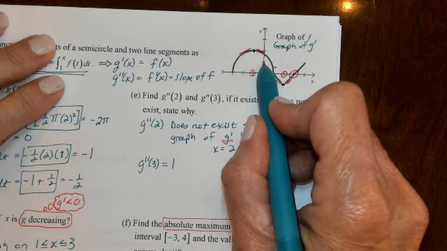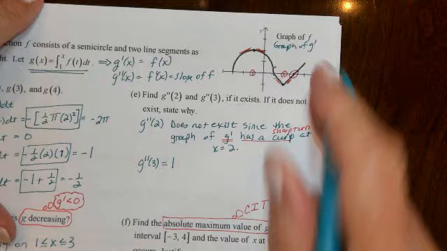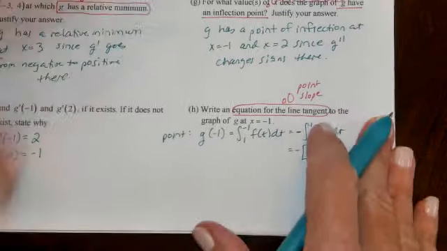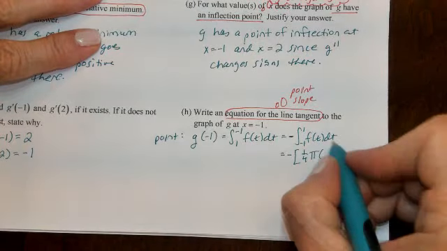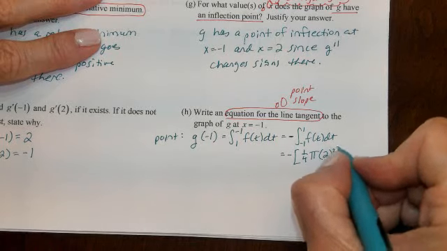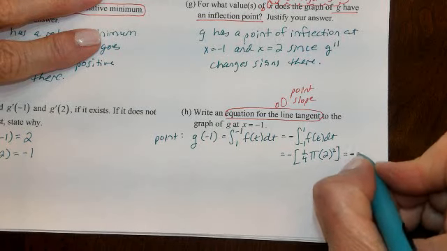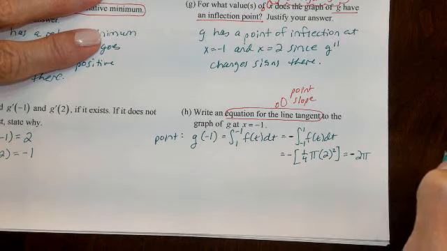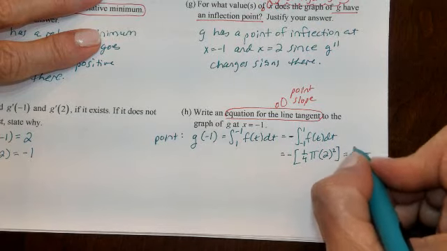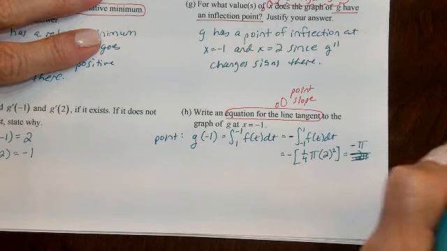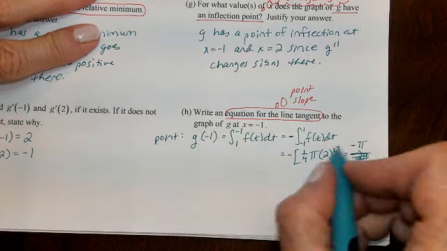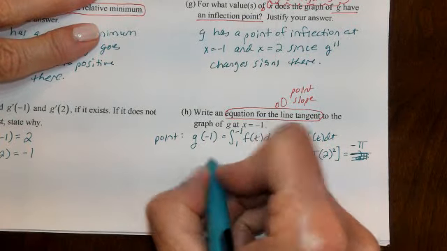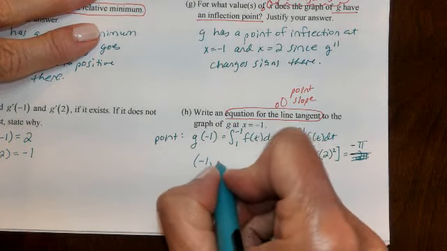It's above the x-axis, so the integral will be positive. So 1/4 pi times the radius squared, the radius is 2. So this is -2 pi. Oh, sorry, negative pi. Goodness, just negative pi. So our point will be -1, negative pi.